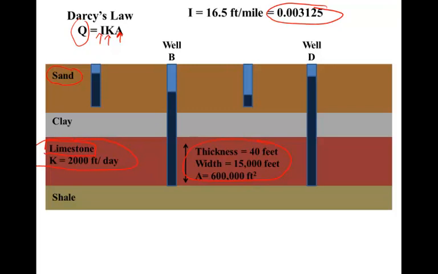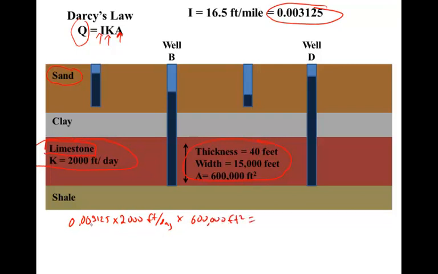So let's calculate discharge. Gradient 0.03125 times conductivity, 2,000 feet per day, times area of the aquifer, 600,000 square feet.